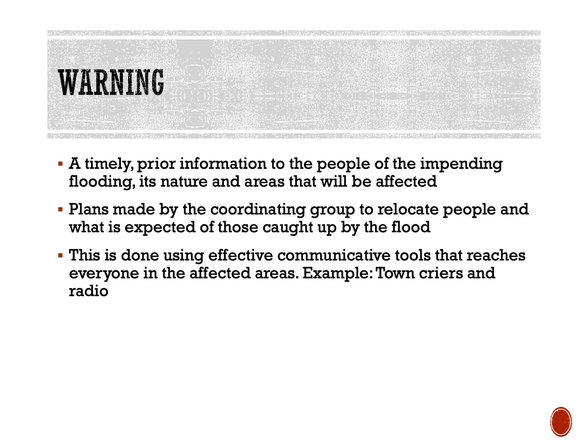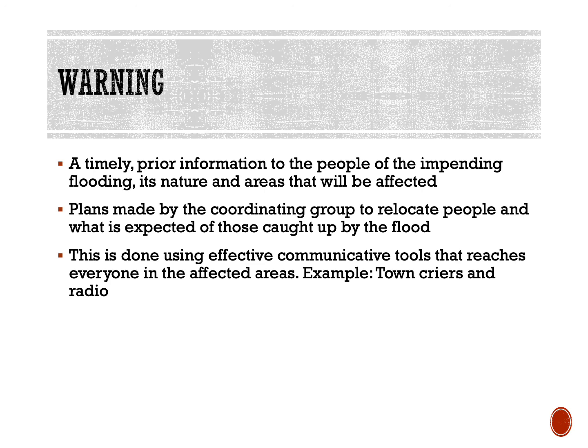So basically, that is the end of the cycle that started from the emergency response, ongoing relief, recovery, planning and mitigation, preparedness, and now warning. So that is the disaster management cycle, and now warning is the last one.